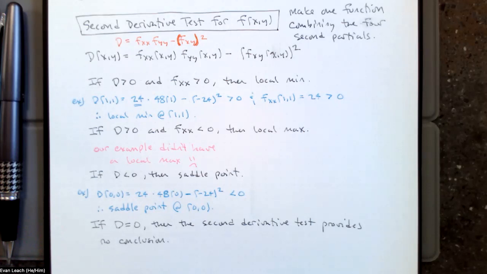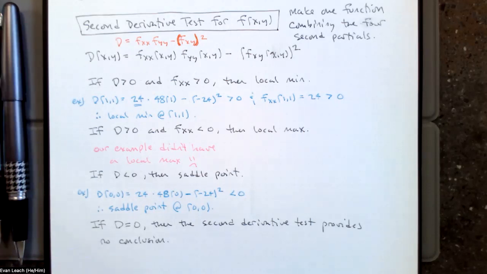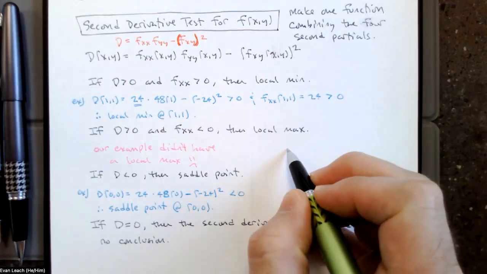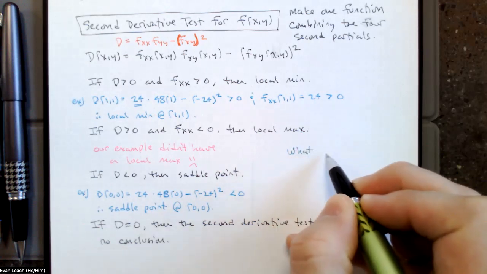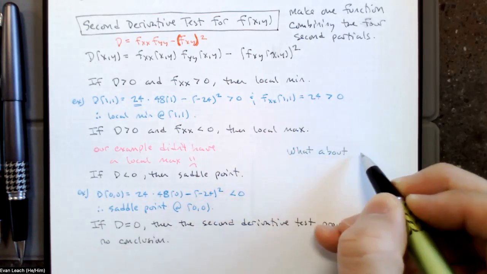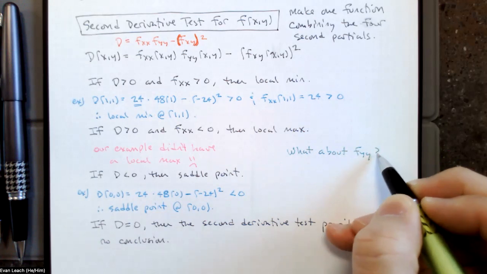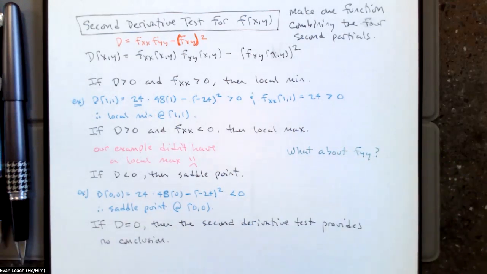What about fyy? Why did we not consider it here? That seemed to be pretty important when we were discussing this before. I only said local minimum after I saw fxx was positive and fyy was positive. Why can I just so blatantly ignore it now?